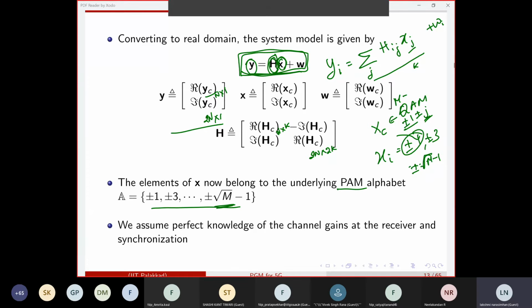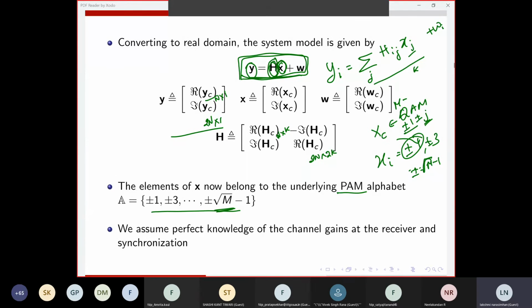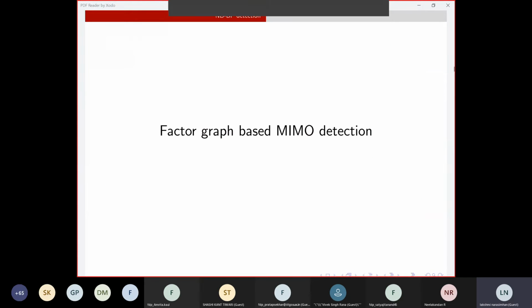So if I simply take x to be 2k cross 1, with entries just plus 1 or minus 1 and nothing more, then the number of different possible values of x is 2 raised to the power 2k, which is huge. If k is just 10, this becomes 2 power 20. So the computational complexity of computing maximum likelihood becomes 2 power 20, which is huge. So we need some low complexity algorithm.